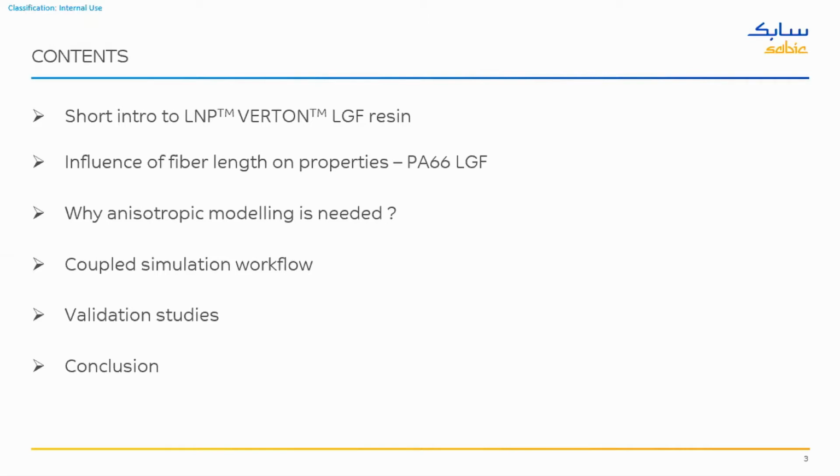We will also show the influence of fiber length on the properties of the material, specific to polyamide based material, why anisotropic modeling is needed for that, and how coupled simulation is helping to solve some of the critical challenges in the industries to help convince the customer on the use of LGF materials. We will also show some validation studies, which are important to get the confidence of the customers, and then we will end with the conclusion.